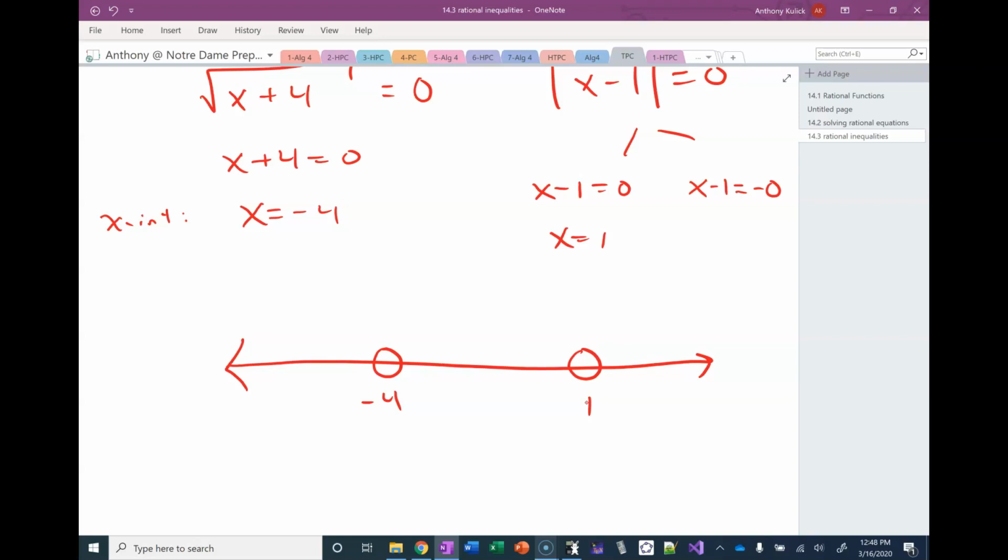Okay, so I have my two places. So let's pick a test value, say -5, and then pick another test value, let's say 0, and another test value, let's say 2. So we have the square root of (-5 + 4) over |-5 - 1|. Well, -5 plus 4 is -1, and the square root of -1 is i.